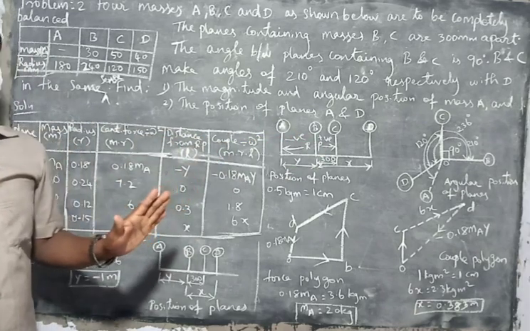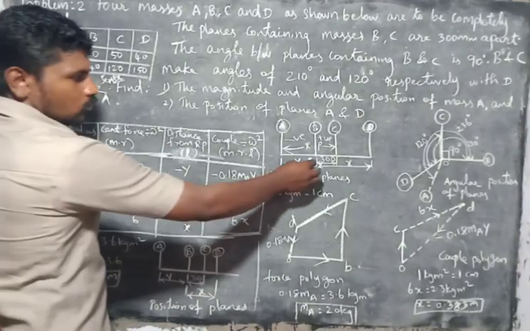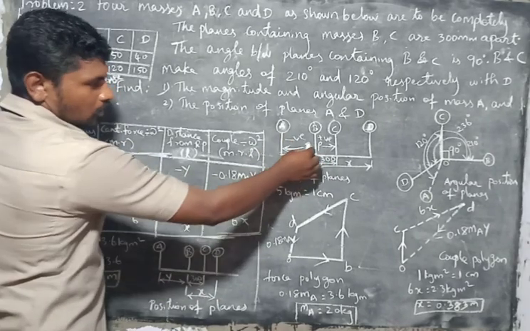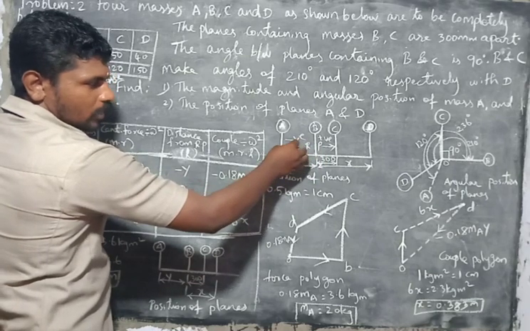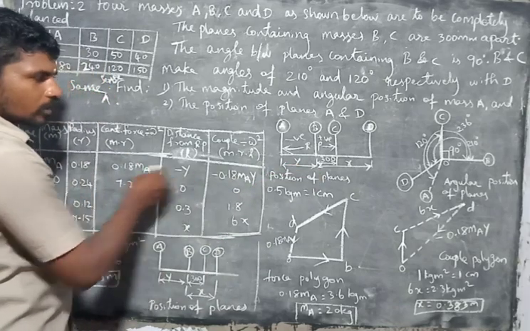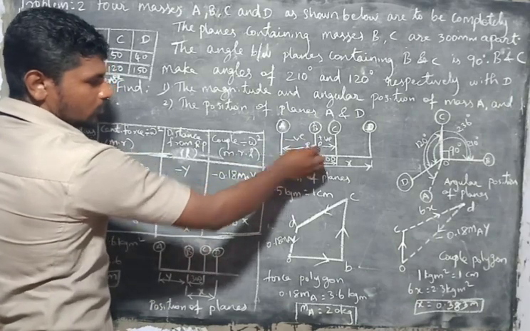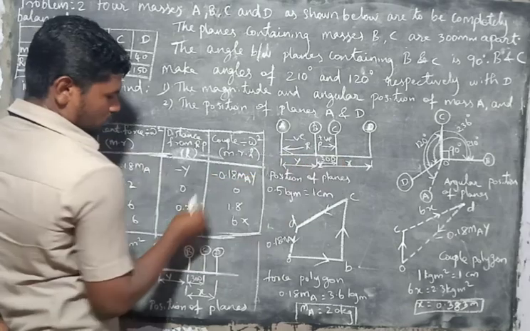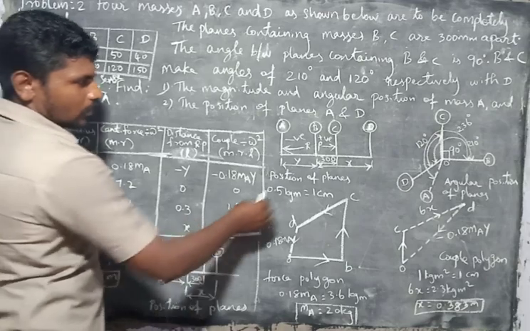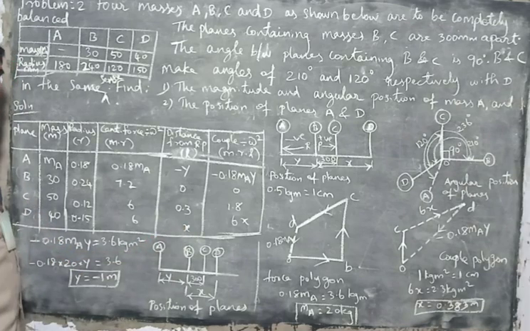That's a basic concept we are following here. So from the reference plane to plane A is a left direction, so this is negative. The distance is Y, so minus Y. Then the distance from reference plane B to B is 0. Then B to C is 300 mm, divided by 1000, 0.3 meter. And B to D is X, in the right side direction, so positive X.